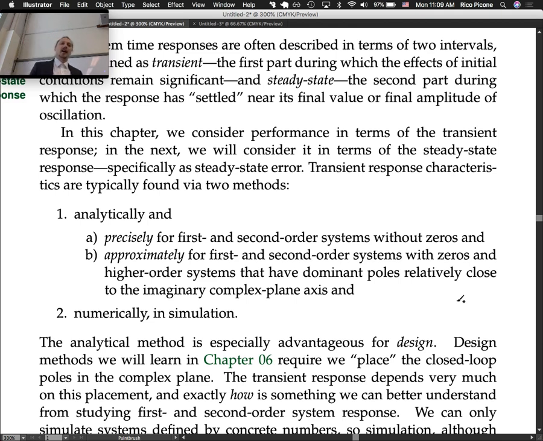And then the other option is analytically approximately for first and second order systems with zeros and higher order systems that have dominant poles relatively close to the imaginary axis of the complex plane.